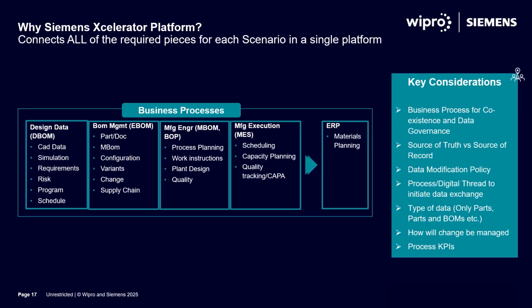This is where the Siemens Accelerator platform is often preferred as the number one choice. It provides industry-specific business processes based on best practice, has the right connection with your upstream CAD and ALM landscape. It has seamless transition of your engineering BOM to manufacturing BOM and seamless integration with downstream manufacturing.